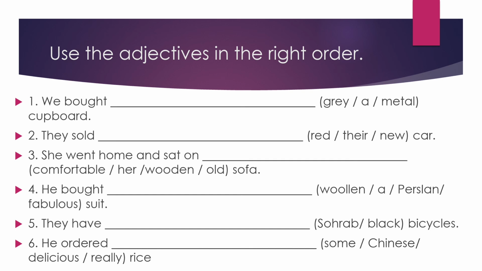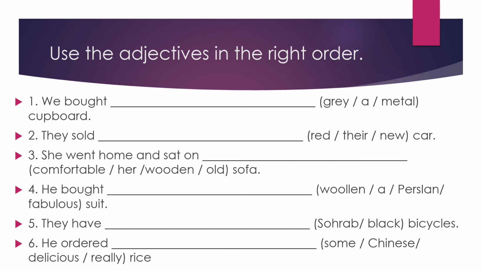Let's arrange the different parts of the nominal group or the noun phrase or the adjective phrase correctly. We bought dash, grey, a metal cupboard. Number 2, they sold red, their new car.